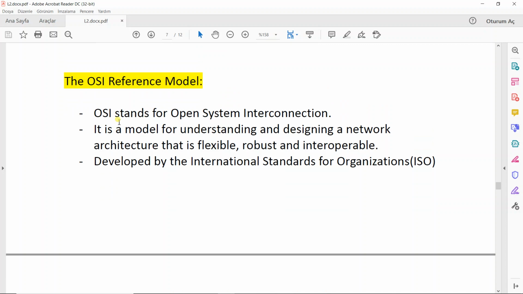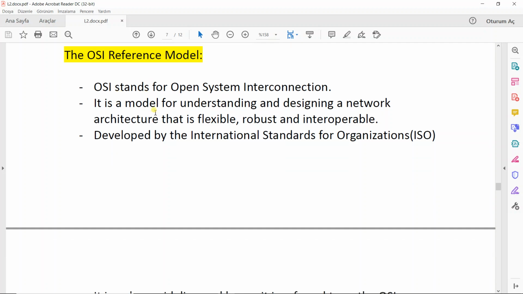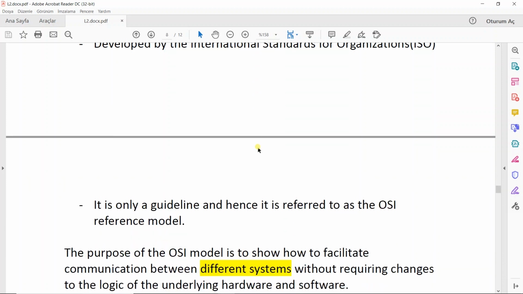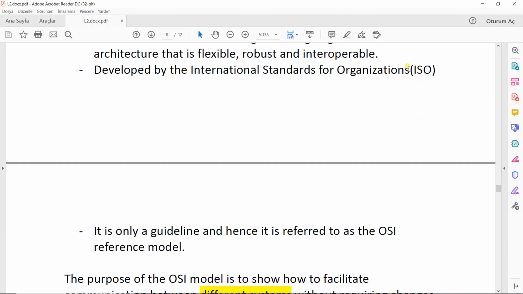So, starting with the OSI reference model. OSI stands for what? Open System Interconnection. It's a model for understanding and designing a network architecture that's flexible, robust, and interoperable. Developed by the International Organization for Standardization, which is ISO.